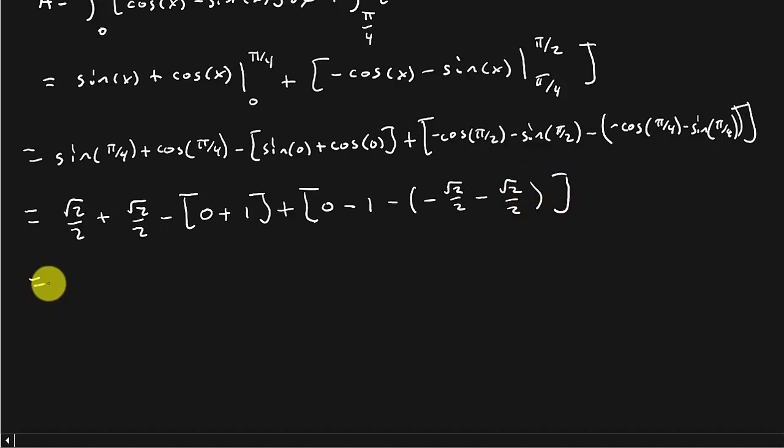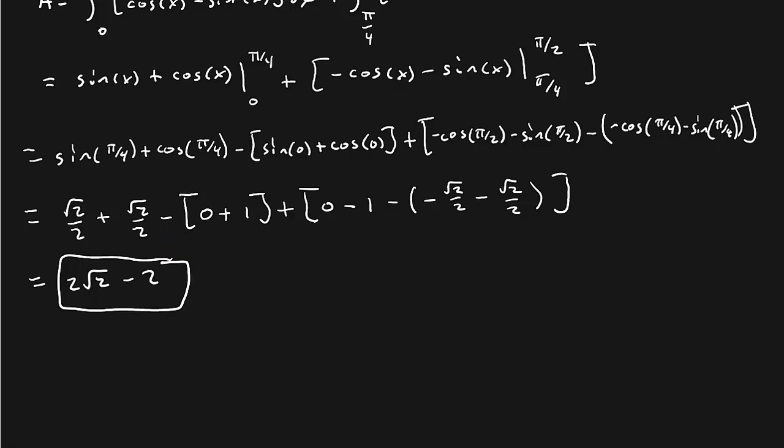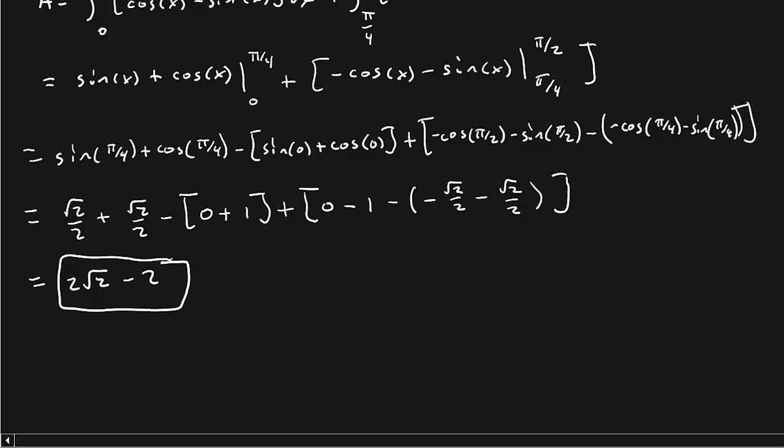And then once you do all that simplifying, you get 2 square root of 2 minus 2. And there's your answer. All right, so I hope that made sense.